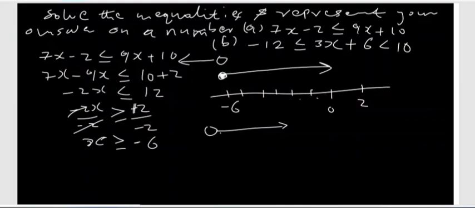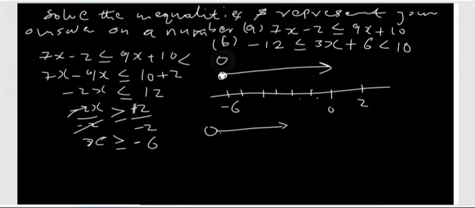Sometimes because of time you just take an approximate, or assume a particular place as minus 6 or whatever. But there's nothing wrong if you demarcate your line and label it, if you have the time to do that. So it's as simple as that. That's for the first one.